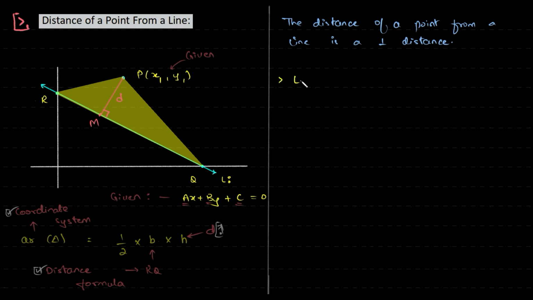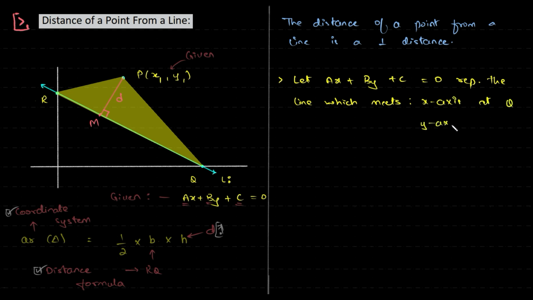So we'll start off with let ax, not ab, sorry, ax plus by plus c is equal to 0 represent the line which meets x-axis at q and y-axis at r. Okay, so those are your initial things.